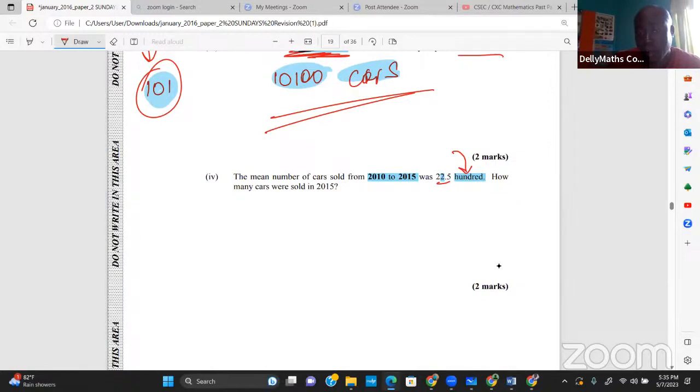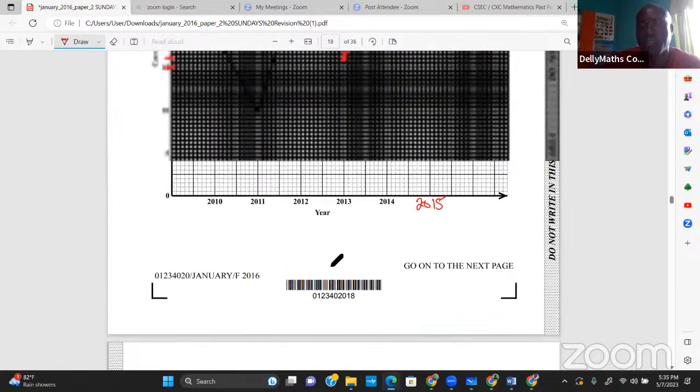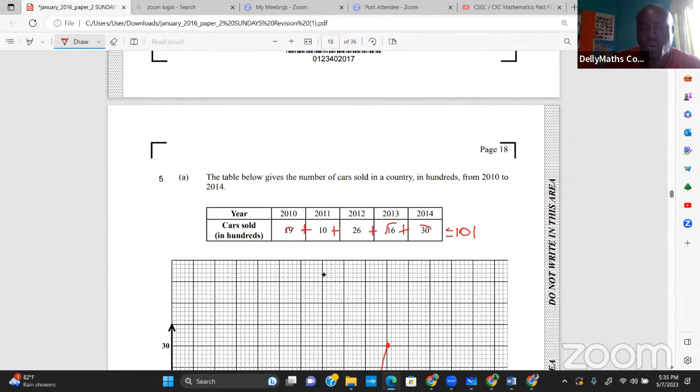The mean number of cars sold from 2010. So originally it was 5 years. Now you're adding one more, making it 6 years. Look, 5 years, we're talking about 1, 2, 3, 4, 5 years, and then 2015 would have made it another year. 6 years. So I could do something with this.